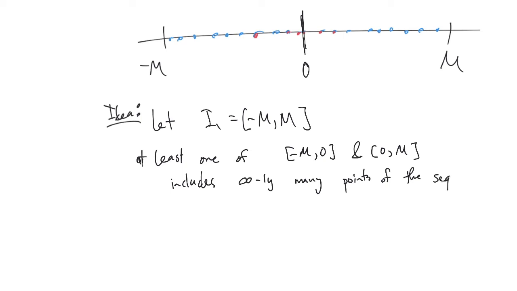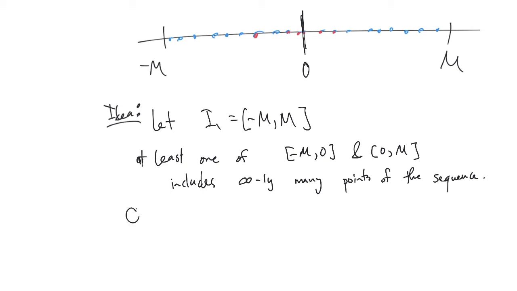Maybe both of them do. But because there are infinitely many terms in the sequence overall, when you divide the thing in half, it must still be true that one of those sides at least has infinitely many things in it. Now it's possible they both have infinitely many things in it, that's fine too. All right? At least one of minus m to 0 and 0 to m includes infinitely many points of the sequence.